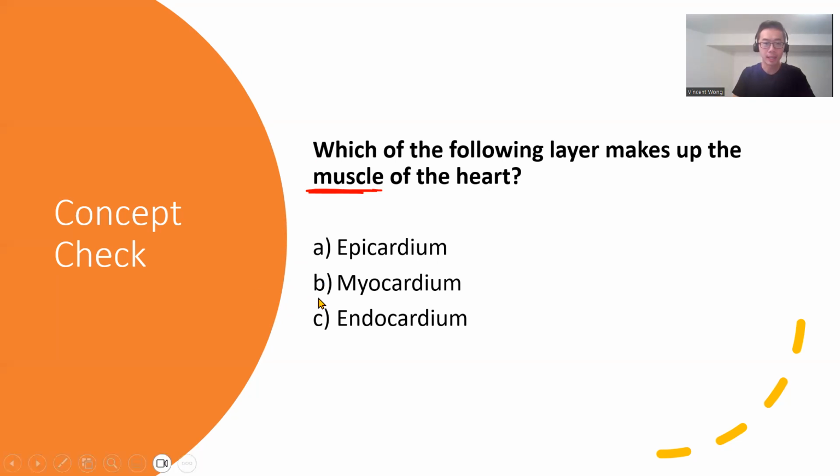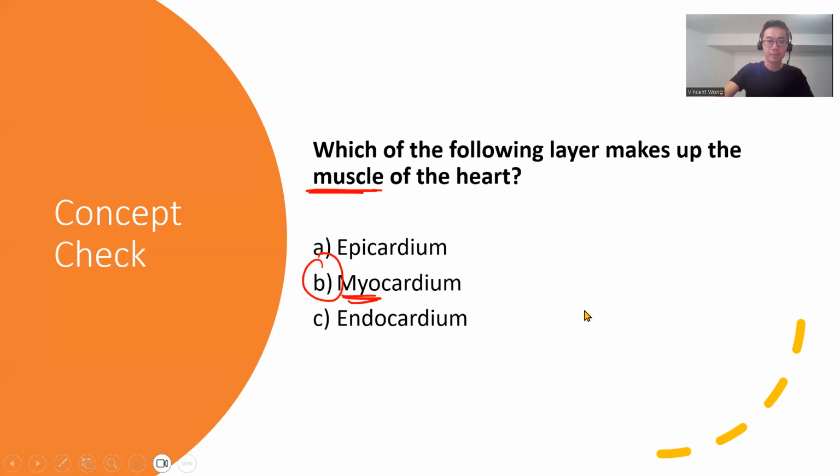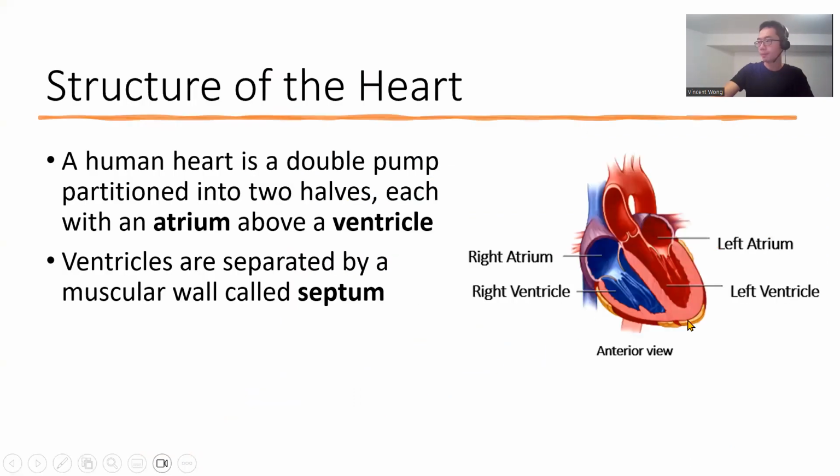The correct answer is the myocardium. Myo means muscle. Okay, you see myo something throughout the course. You know it's going to be muscle. Okay, so look here, right here in the middle. Myocardium, muscle. Okay, moving on.